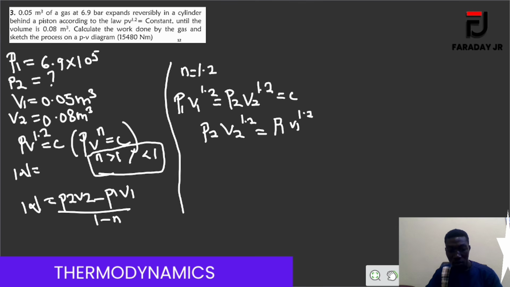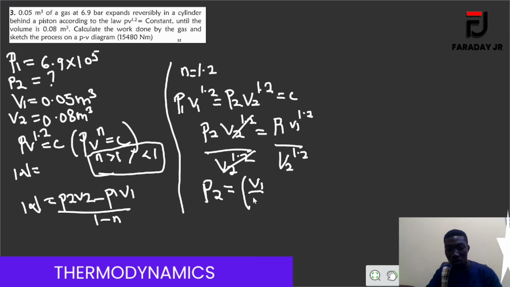Now we divide both sides by V2^1.2, so I have P2 equal to P1 times (V1 over V2) all to the exponent 1.2.